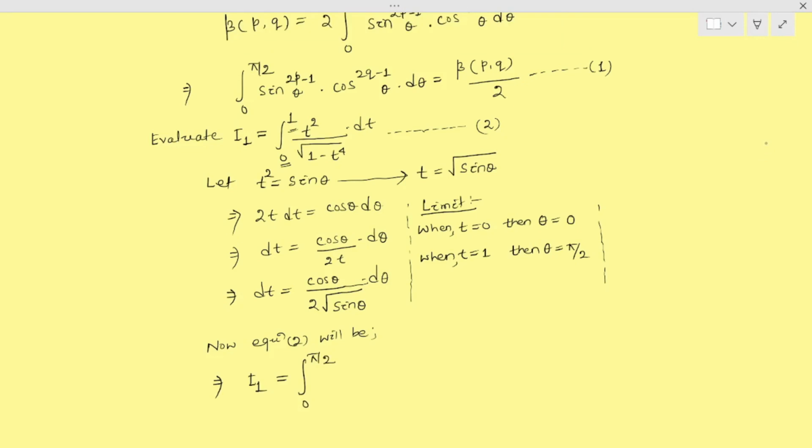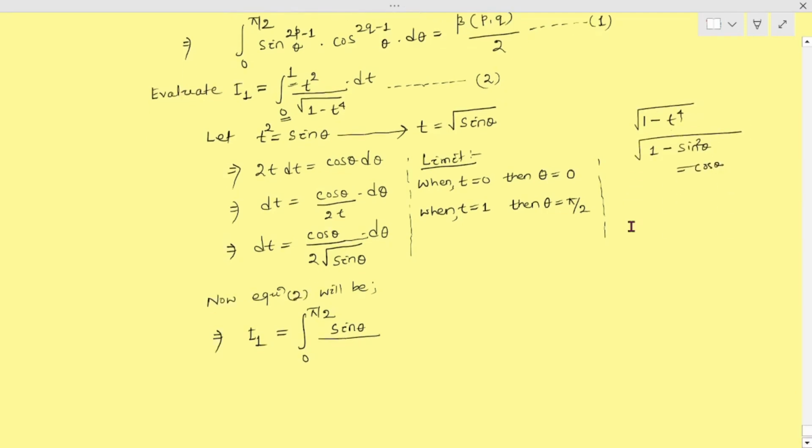Instead of t square we have to substitute sine theta, divided by, here we considered t square equal to sine theta. So 1 minus t to the power 4 under root, if I put t square, it will be 1 minus sine square theta under root, that will be cos theta.